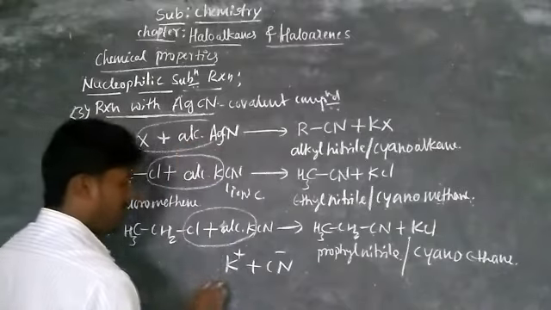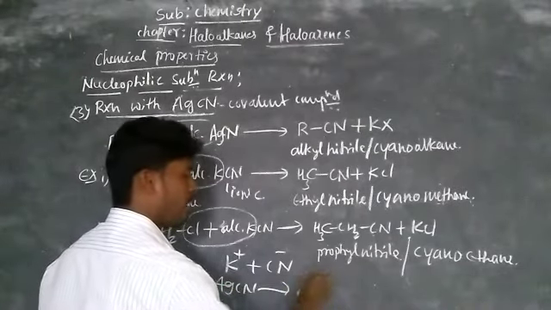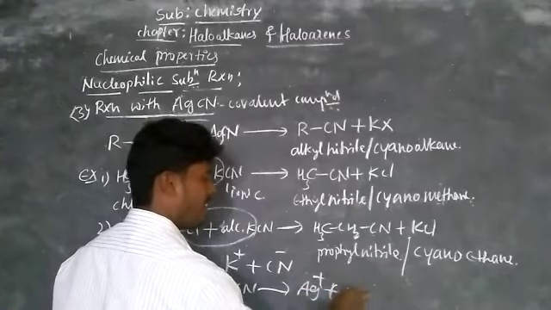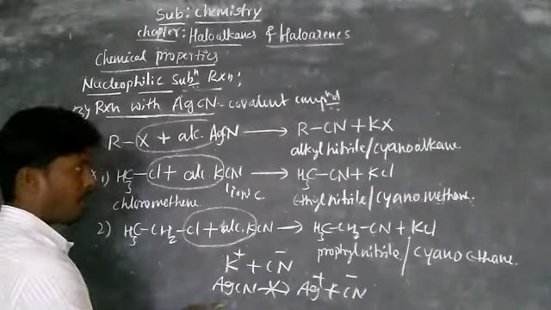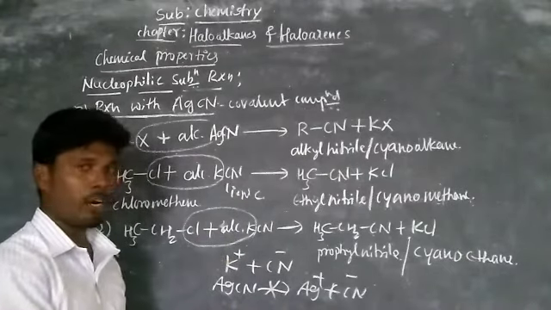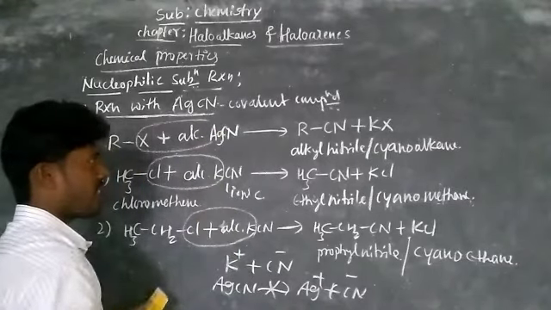But the silver cyanide AgCN cannot be ionized easily as Ag plus and CN minus, because it is what? Covalent compound. This is an ionic compound. Hence, the product of this reaction changes.